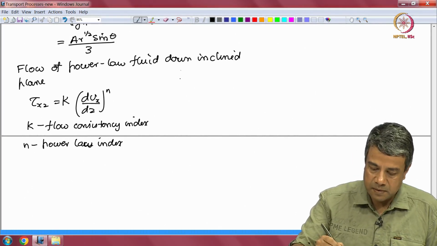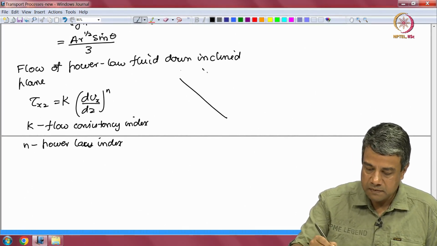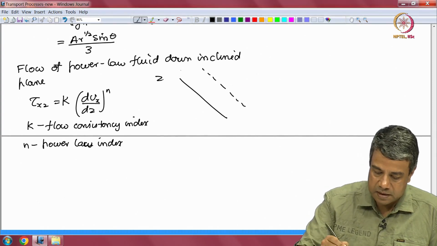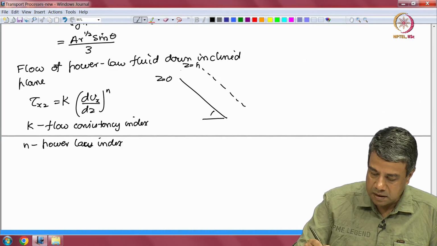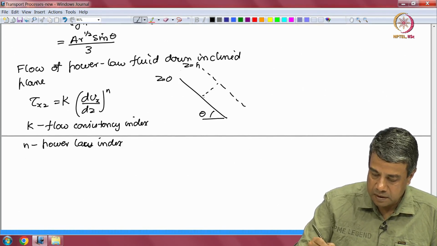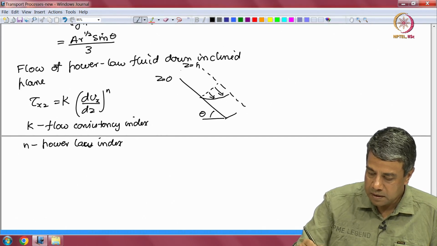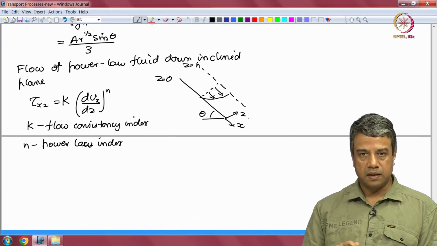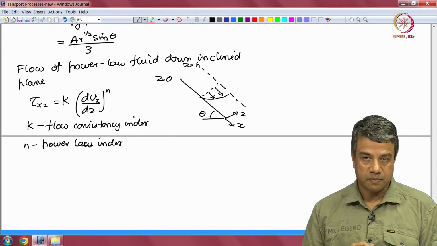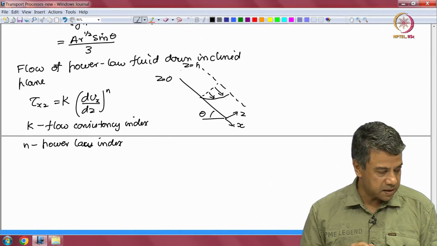And we consider the same problem, same configuration, flow down an inclined plane between z is equal to 0, z is equal to h at an angle theta, okay, flowing down. The velocity profile now will no longer be a parabolic profile. What will be the shape of the velocity profile in this case? Okay, so, let us examine that.